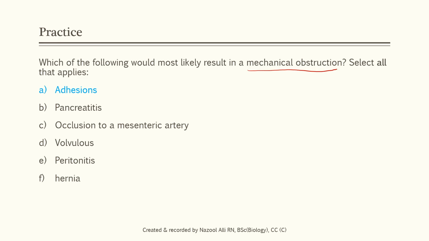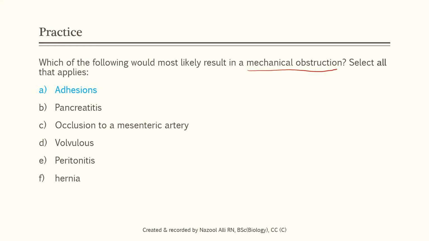Occlusion of a mesenteric artery: the mesenteric artery supplies the gut with oxygenated blood. An occlusion there prevents oxygenated blood from getting to the GI tract, which can lead to ischemia, necrosis of the gut, and ultimately a functional or non-mechanical obstruction. So C is not an option.